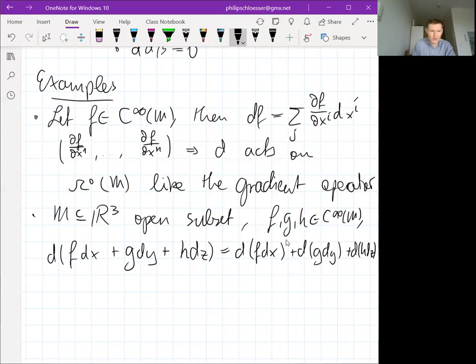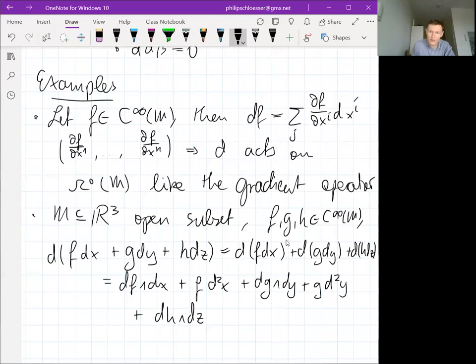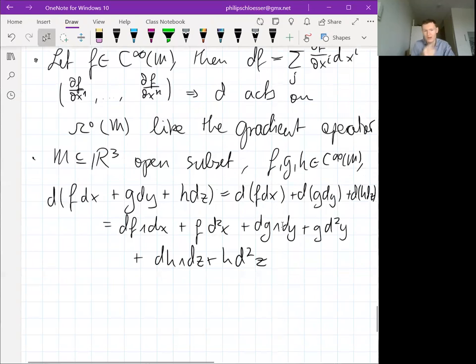Then we can apply the Leibniz rule, and we get a whole big expression. But since we've already established that the exterior differential squares to 0, those 3 terms fall out.